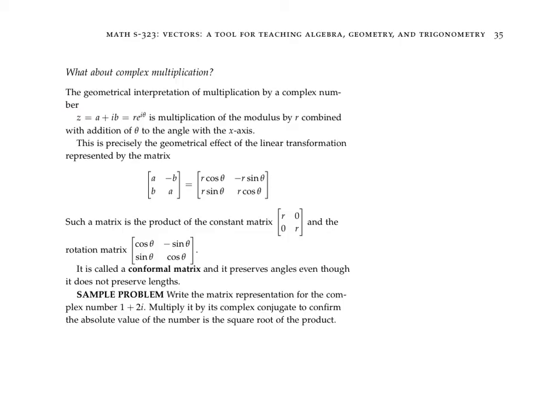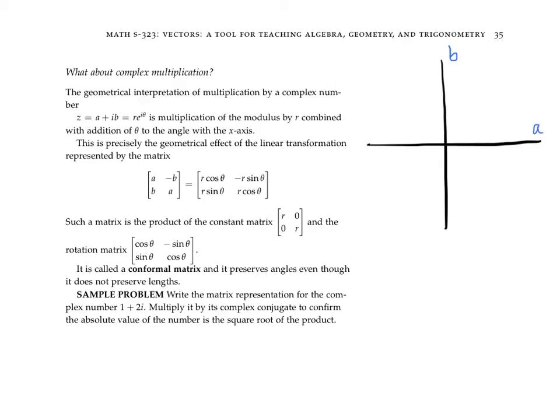Well, you may or may not have known about the complex plane. The complex plane has the coefficient of the real component of a complex number along the x-axis, the a part, and the coefficient of the imaginary component along the y-axis. That's the b part. So when you're looking at some number that's a plus ib, then its location in the complex plane is going to be a comma b. Perhaps you've studied the polar representation of the plane.